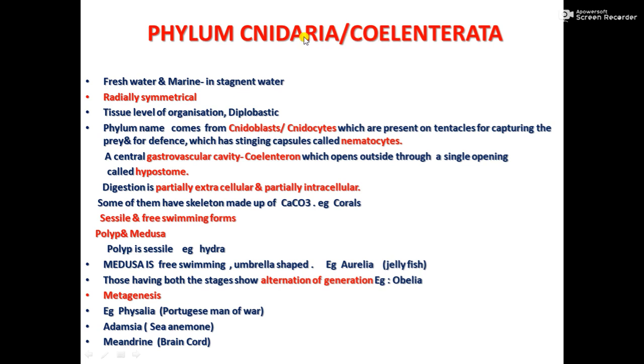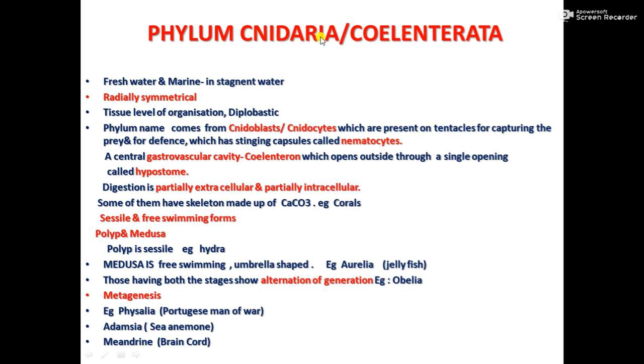So let us see. First of all, let us understand the meaning of Cnidaria. As I told you, in the phylum name there is one important feature. The term Cnidaria comes from cnidoblast, a special kind of cell. The function I will tell you.